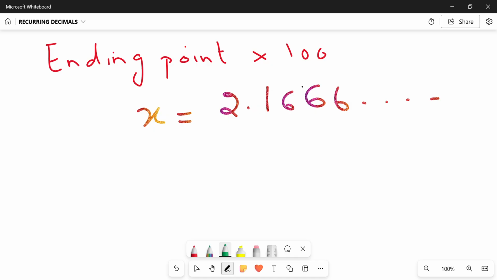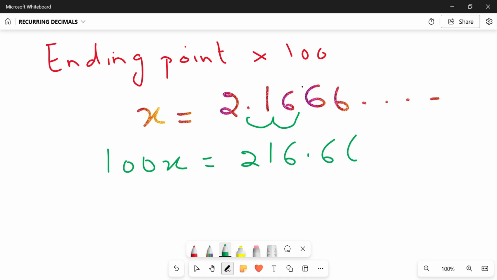When I multiply x with 100, it gives me 100x equals, and when I multiply 2.166 with 100, the point shifts two digits ahead, so it will become 216.66 and so on.